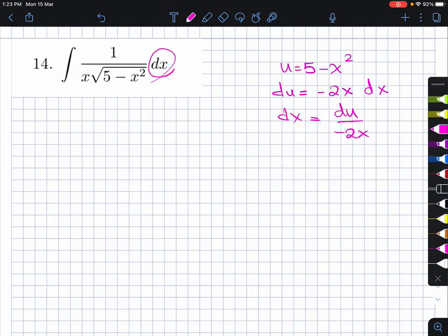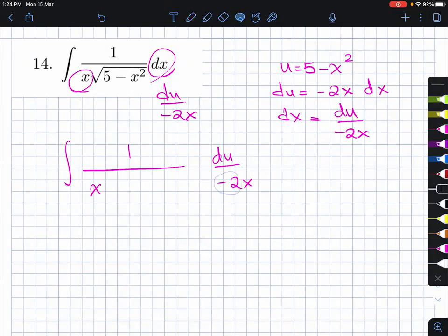So when you replace dx by du over negative 2x, this x becomes what? x squared. Yes. We can find x squared as 5 minus u, times radical u. Then you have 1 over x and du over negative 2x.